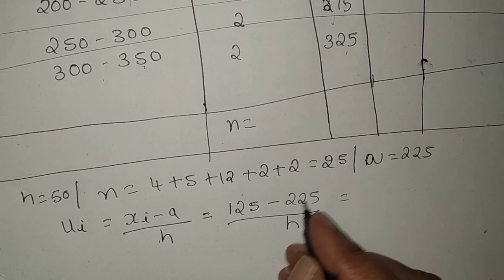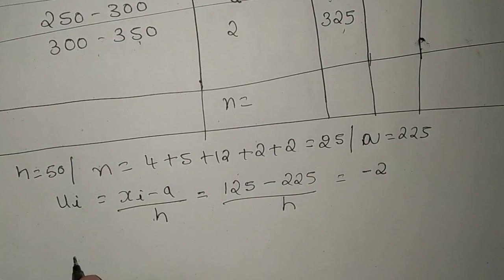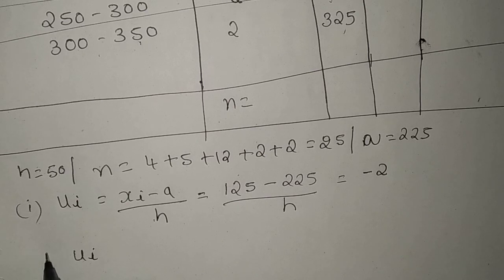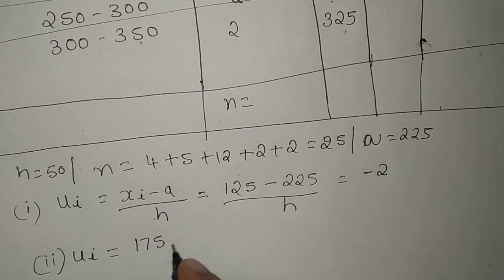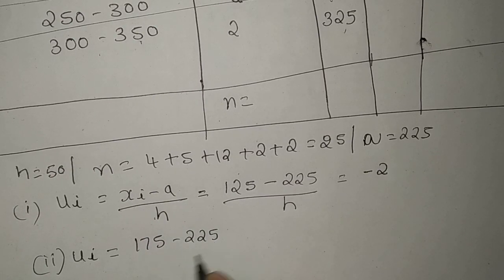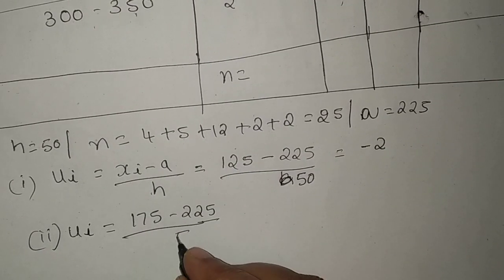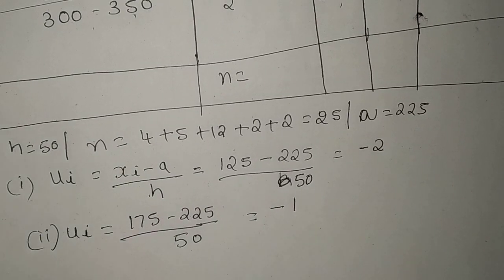After simplification we get minus 2. Next, ui is equal to 175 minus 225 by 50, the answer is minus 1.